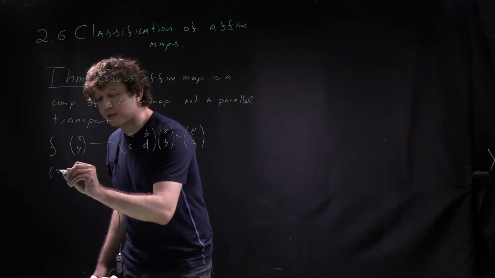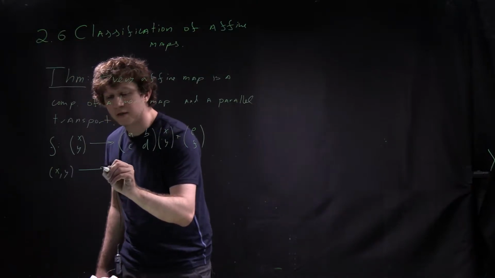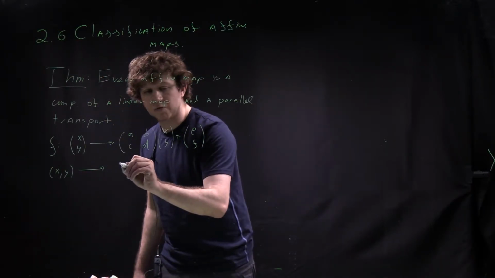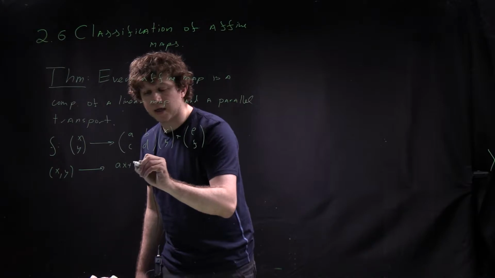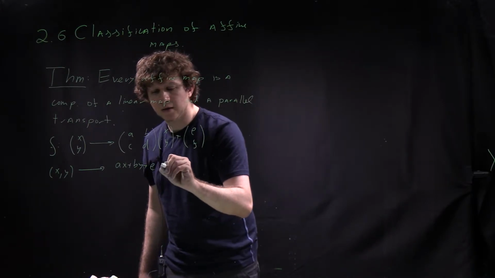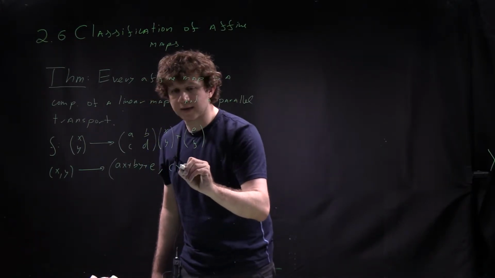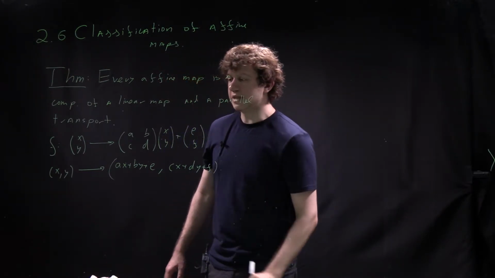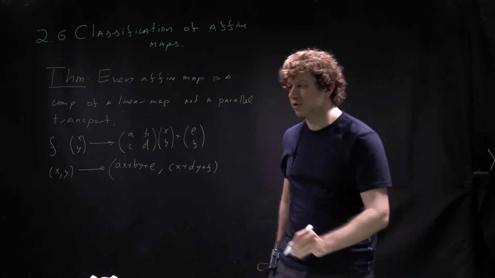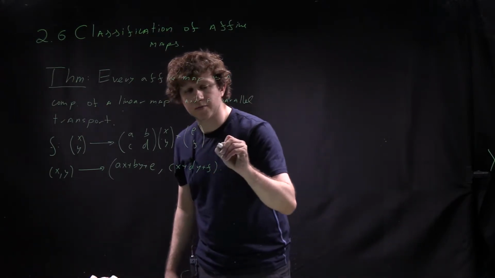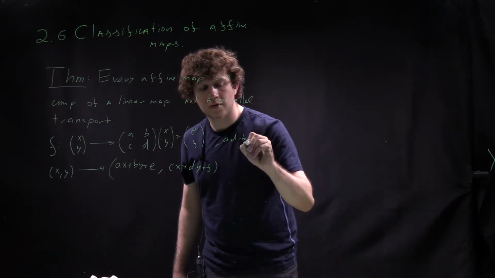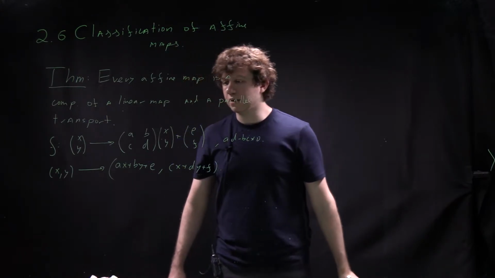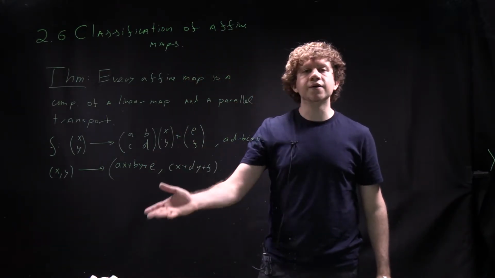So let me also rewrite it. If I write everything in rows, this will be Ax plus By plus E, comma Cx plus Dy plus F. So that's a very convenient way to think about it. Sorry, with AD minus BC not equal to 0. And you can just write down any formula like this.